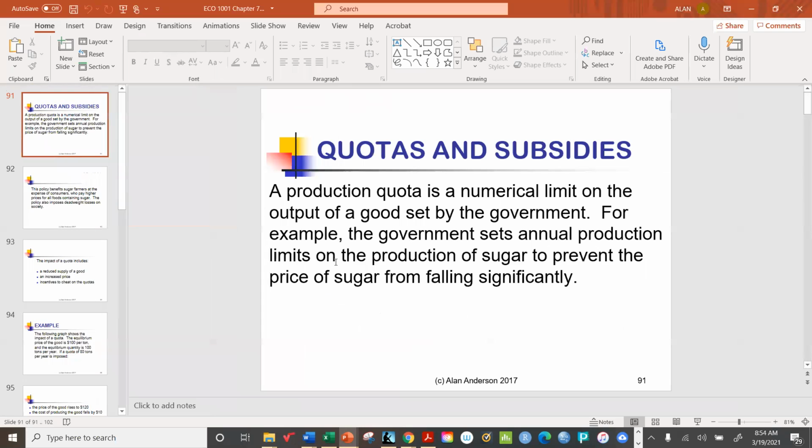Now, sometimes you might say, well, why would the government do this? Or alternatively, sometimes what happens is, especially with agriculture, the government, for all these decades, has always traditionally been trying to help farmers when they need it. And of course, let's face it, throughout most of our history, agriculture has been a terribly risky business to be in because it's so heavily subject to weather and other unpredictable factors.